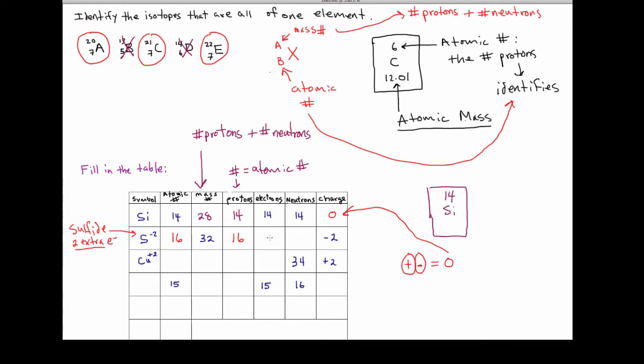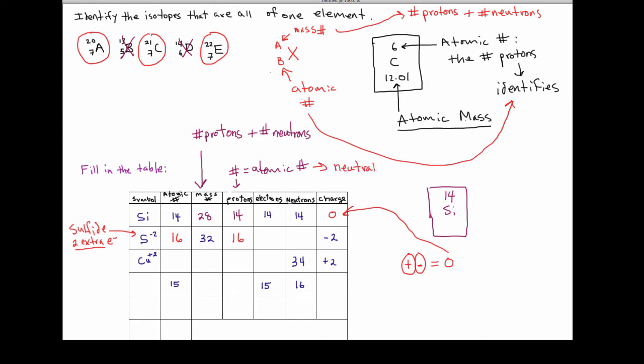When we get to the category on electrons, here's where we need to be careful, because the charge, the superscript in the upper right hand corner here, already indicates that there's 2 extra electrons. And since the atomic number indicates the number of protons, and for the neutral atom the number of electrons, I'm going to actually make that notation here.